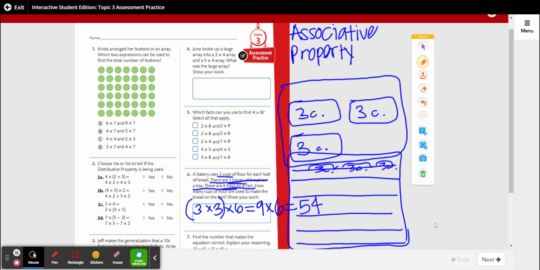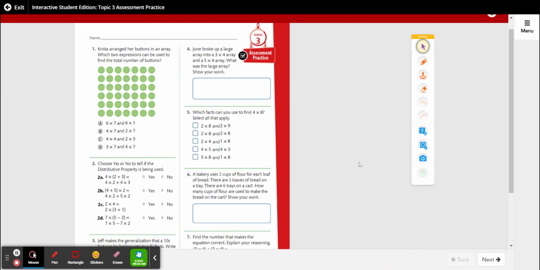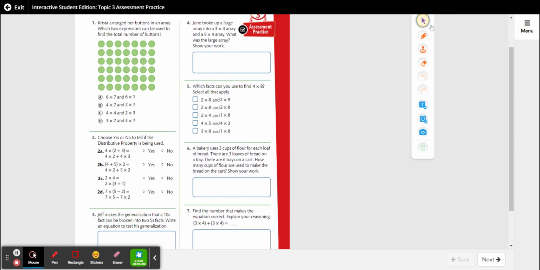So let me erase this big giant mess of drawings and write this a little bit neater for you. In this box, or on another piece of paper, I would want to see something that looked like this. 3 for the 3 cups of flour, another 3 for the number of loaves of bread on the tray, and then 6 for the number of trays that are on the cart.